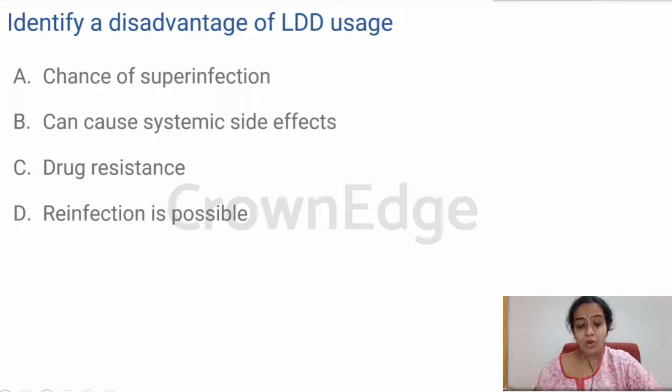Think about what we spoke about till now, about systemic usage as well as local drug delivery agents, and you will be able to find the answer. Can it cause superinfection, systemic side effects, drug resistance in the long run, or reinfection? The answer, you will be surprised, will be the most simple and straightforward thing.